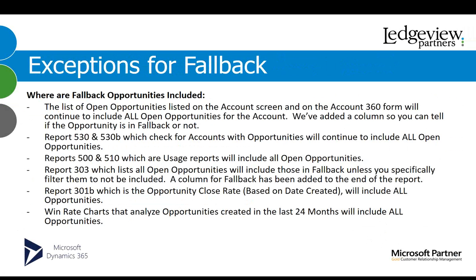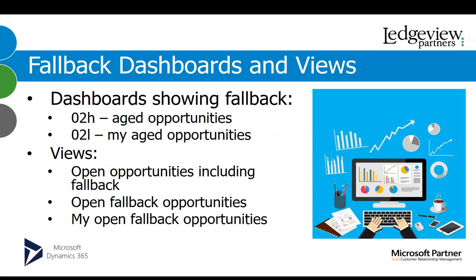And then report 301B, the opportunity close rate, is based on date created. That includes all your opportunities, as do the win rate charts that analyze opportunities created in the last 24 months. It's going to include all your opportunities. Now, for some dashboards and views that specifically talk to fallback, the aged opportunities and my aged opportunities will show your fallback.